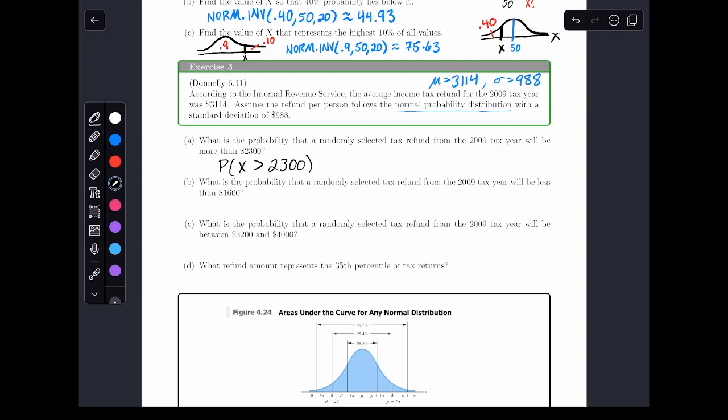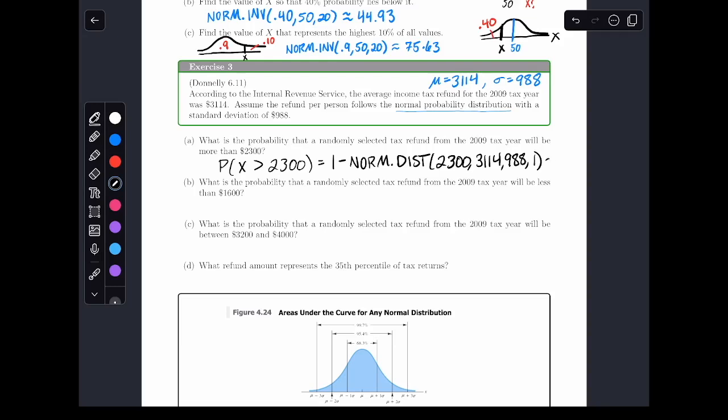So here, more than means that we're looking for an area to the right. We know an x value and we're looking for an area to the right. So here we could do 1 minus the area to the left of 2,300. And then we could plug in the mean and standard deviation and put true.